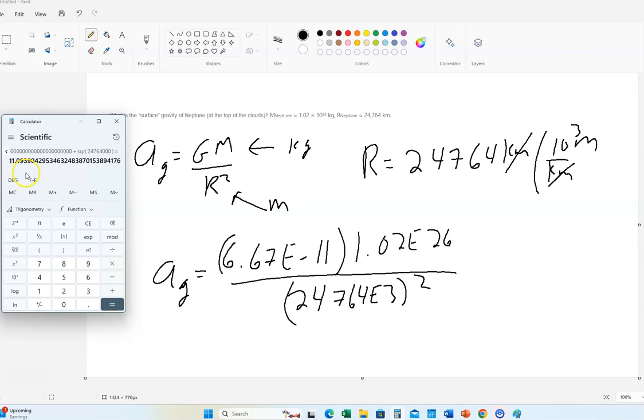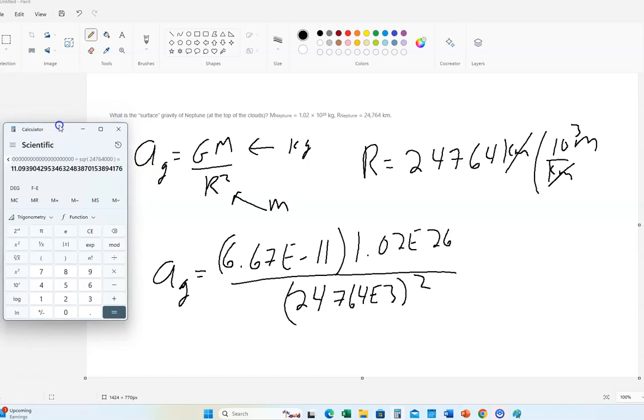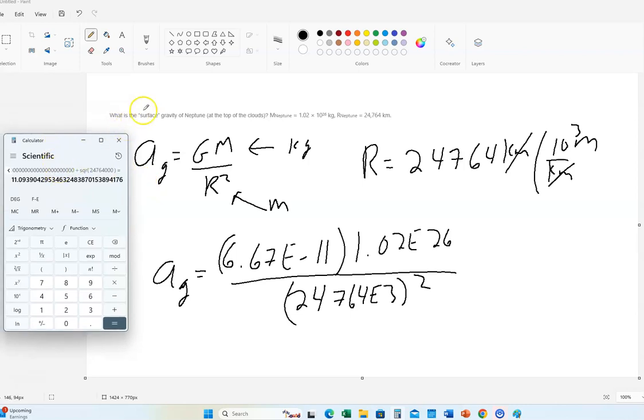Just as a reminder, on the Earth, the surface gravity is 9.8. Now, this is not the surface. This is at the tops of the clouds of Neptune. For the tops of the clouds at Neptune, we're going to round it to one place past the decimal.